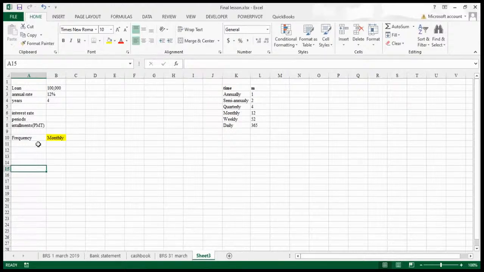Then highlight this part here. I want it to change to this state.